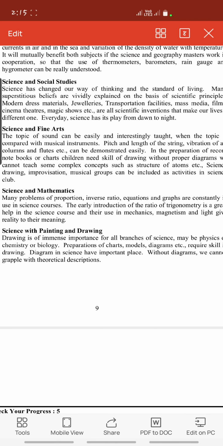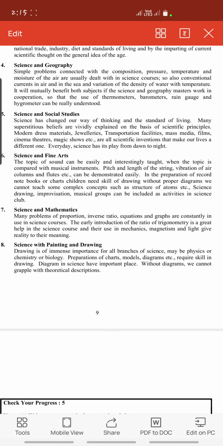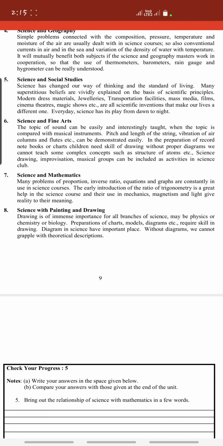Because they both discuss proportion, inverse ratio, equations, graphs, and of course, they both involve numbers. Calculations and measurements are in both fields. So that's why they say that if you are good in science, you are good in mathematics also, and if you are good in mathematics, you are good in science also.